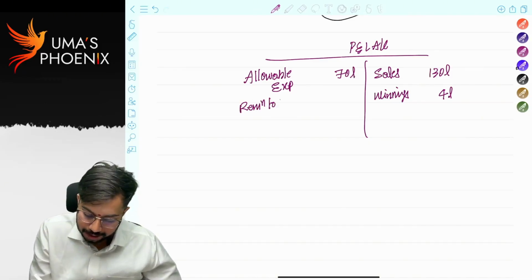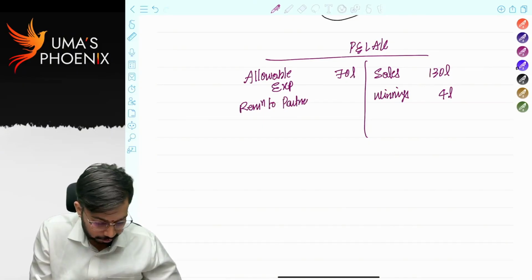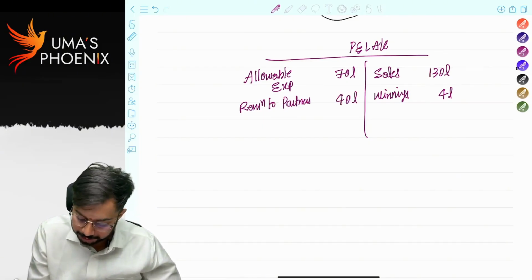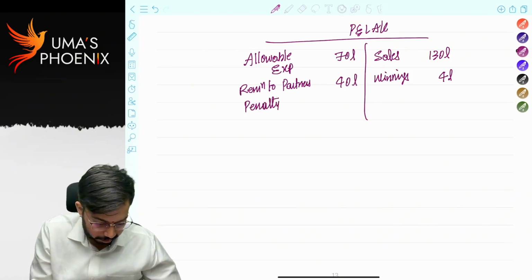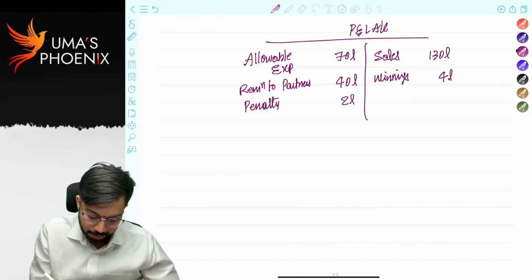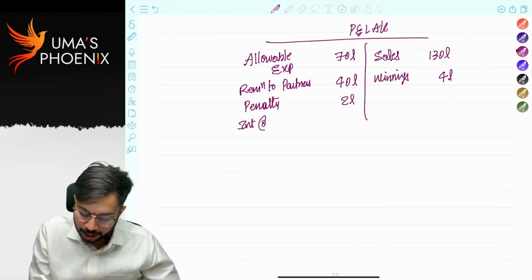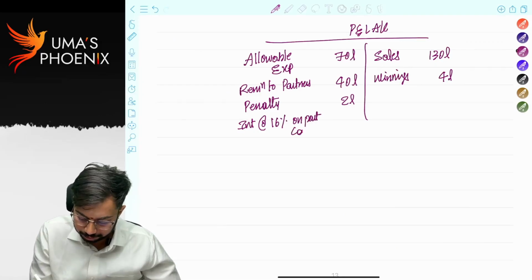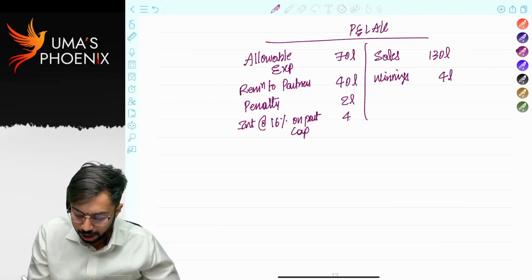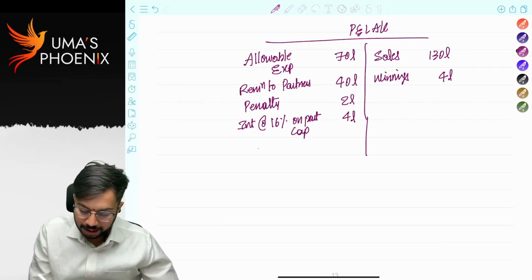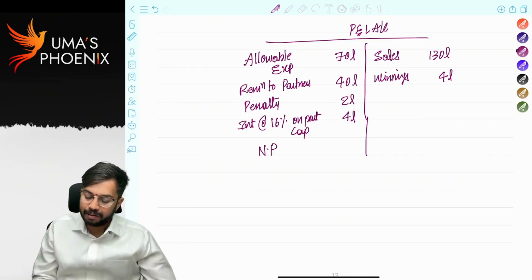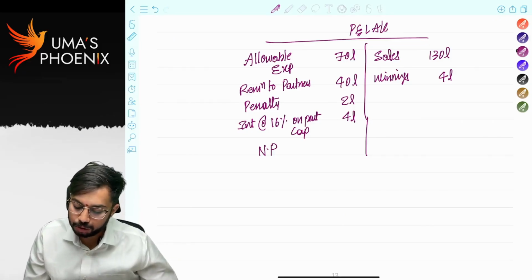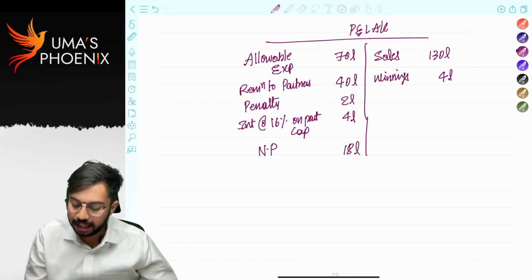Remuneration to partners 40 lakhs. Penalty 2 lakhs. Interest at the rate of 16% on partners' capital 4 lakhs. Now how much is net profit? 134 minus 70 minus 40 minus 2 minus 4. Net profit is 18 lakhs.